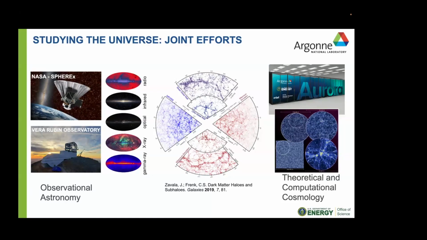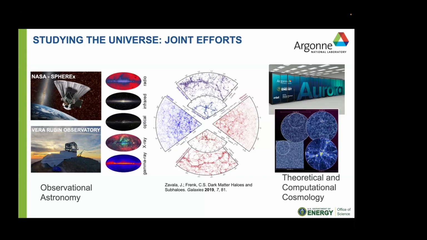Some of them might give you more information about what kind of matter, like what kind of baryons, are in the universe, or some of them can tell you about the dynamics. Different physical processes can manifest themselves in different wavelengths, and that's why we have all these different telescopes looking at the universe. So that's one side of the research.